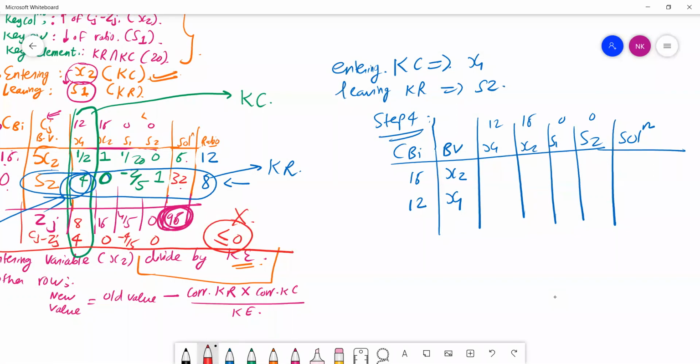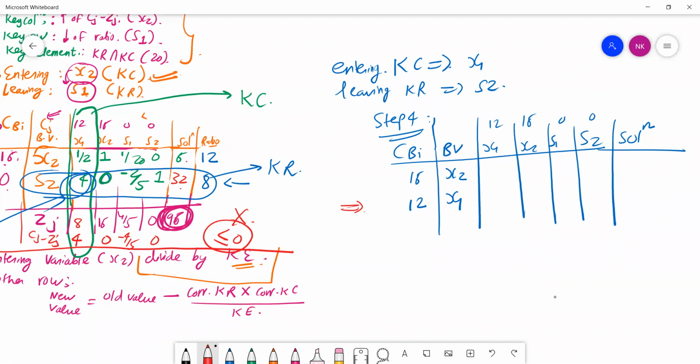Always calculate the values corresponding to the entering variable first. It's completely fine if you are doing the calculation of the second row first.